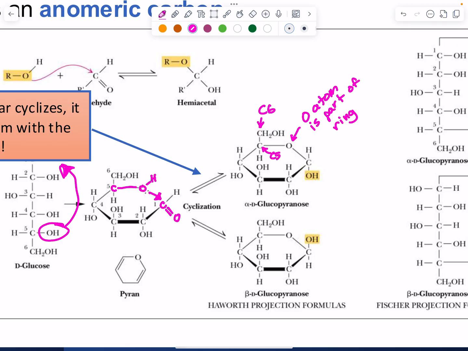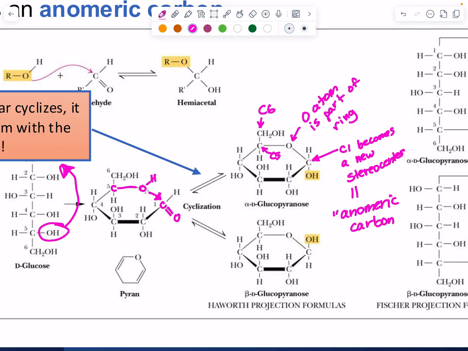And one of the things that you should note is that the site where the ring has closed, this was our carbon number 1, right? That was our aldehyde carbon, becomes a new stereocenter. It now has 4 different things attached to it. So we have to have a way of designating that. And so we now call this the anomeric carbon.